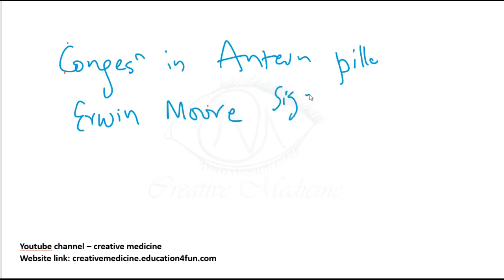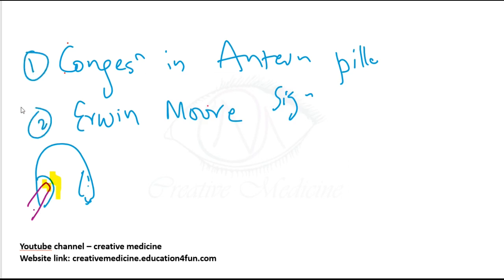In the Erwin-Moore sign, you place a tongue depressor over the anterior pillar and press it against the tonsil, and you will see cheesy colored purulent material coming out of the crypts. That is the second criterion, the Erwin-Moore sign.